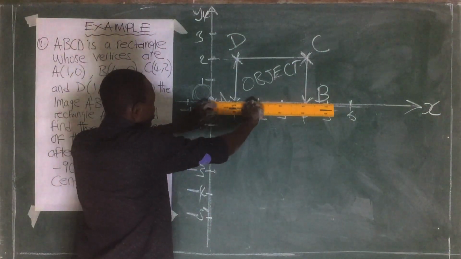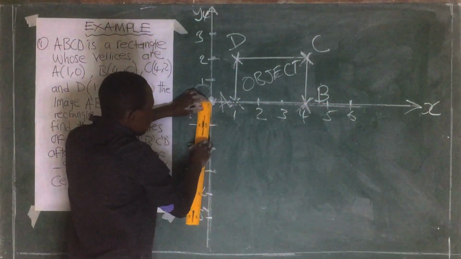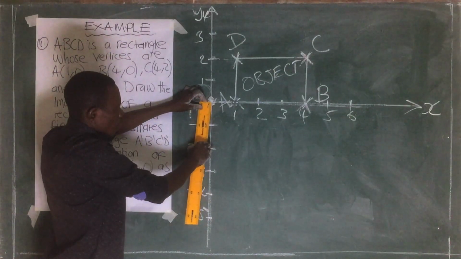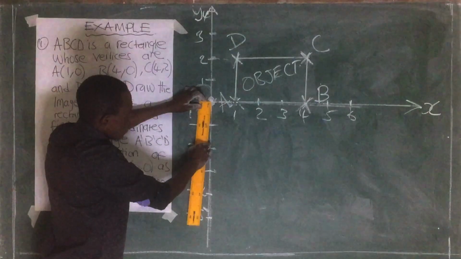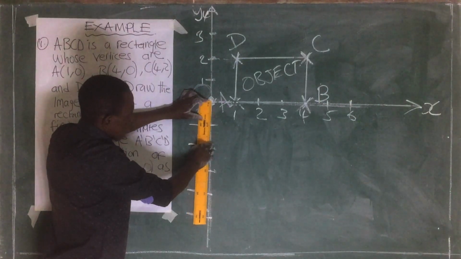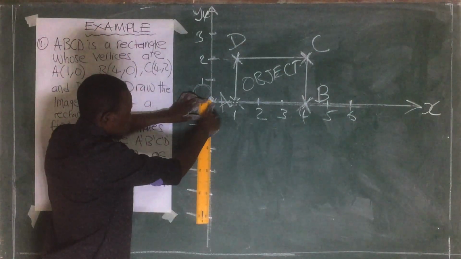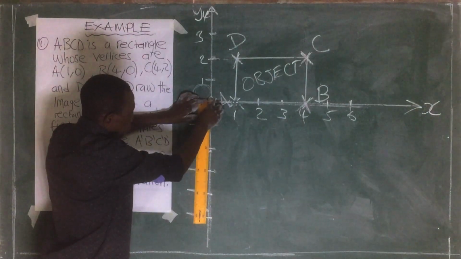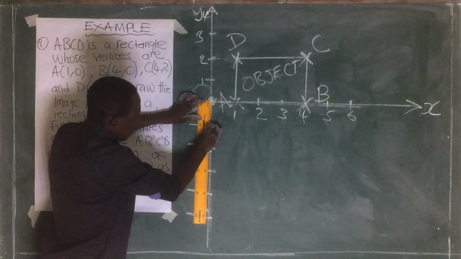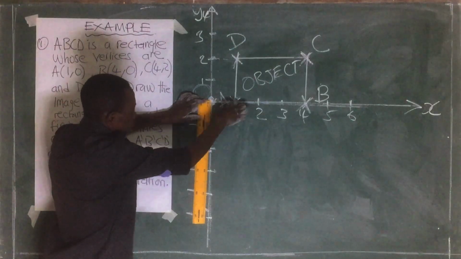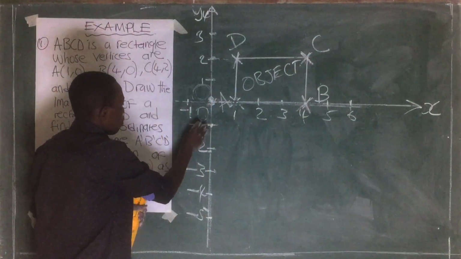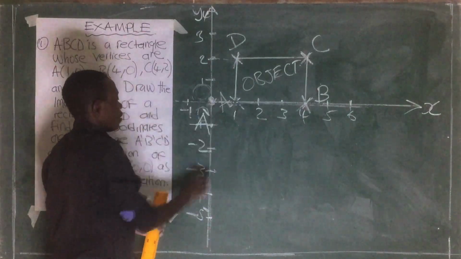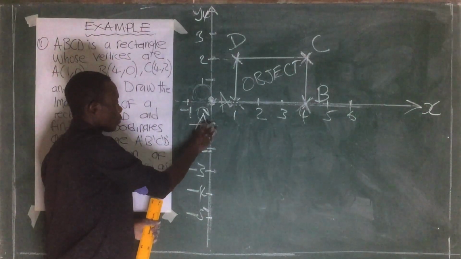Within that line of 90 degrees, where I need to come up with the position of the image of A, I also need to create a distance of 2 centimeters. From here is 2, here again is also 2. So my A will be somewhere here, and I write A, then complement. So the position of A is here.